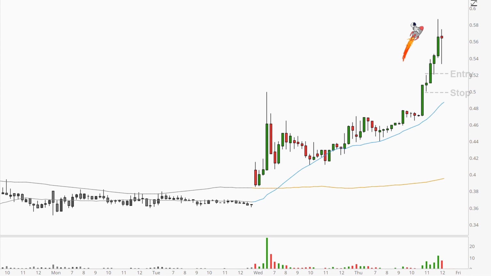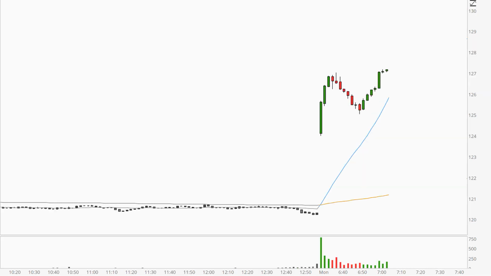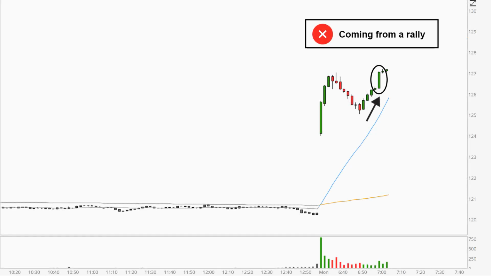Okay. Actually, before I close this out, let's go over one that you may mistake a 1-2-3 for. So this is the TSM chart we saw earlier for the buy setup. So I can see there's a large bar and then a resting bar. So that must be the 1-2-3 pattern, right? So here it actually is not an igniting bar because it's coming from a rally off a buy setup.